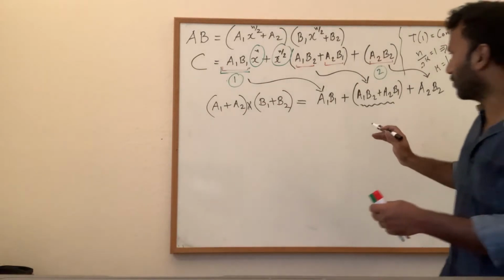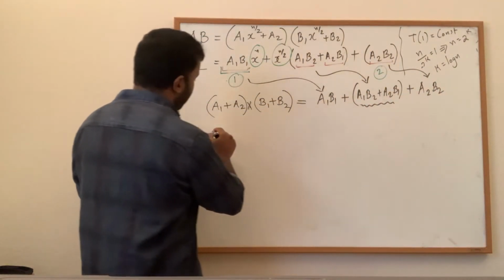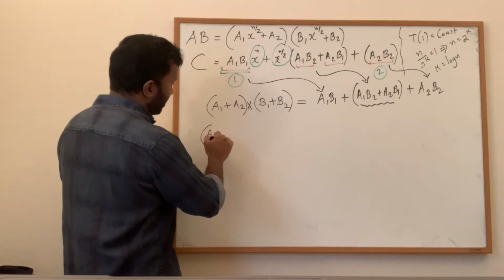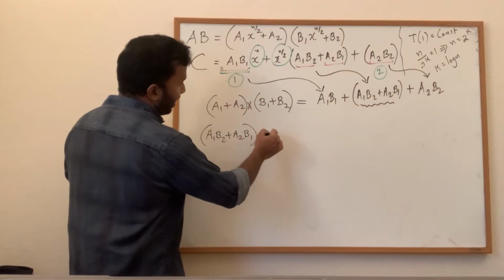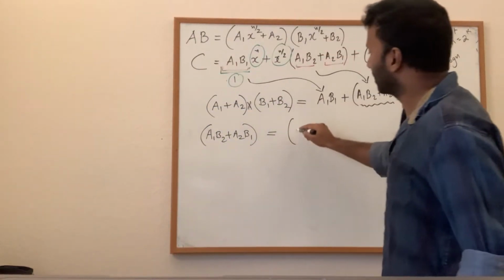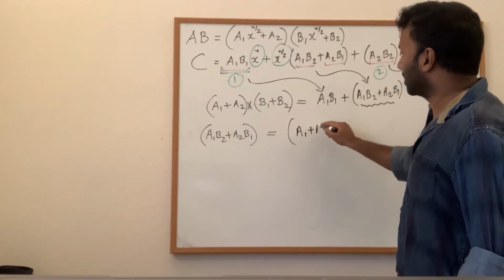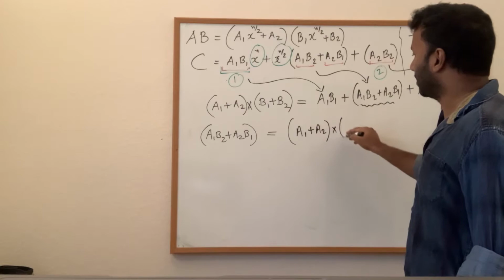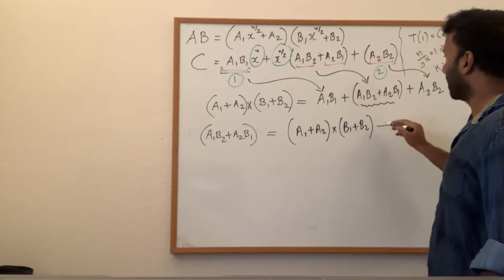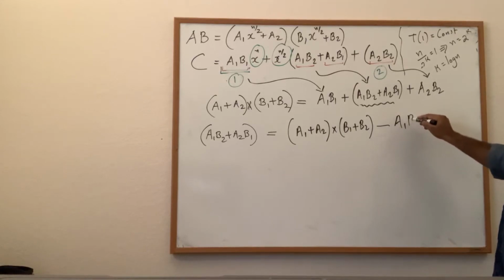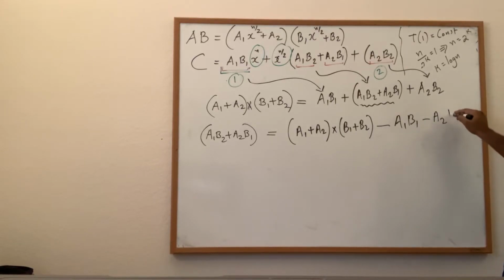Therefore, if you rearrange this formula, what we really want to compute, a1 b2 plus a2 b1, can be written as a1 plus a2 multiplied by b1 plus b2 minus a1 b1 minus a2 b2.